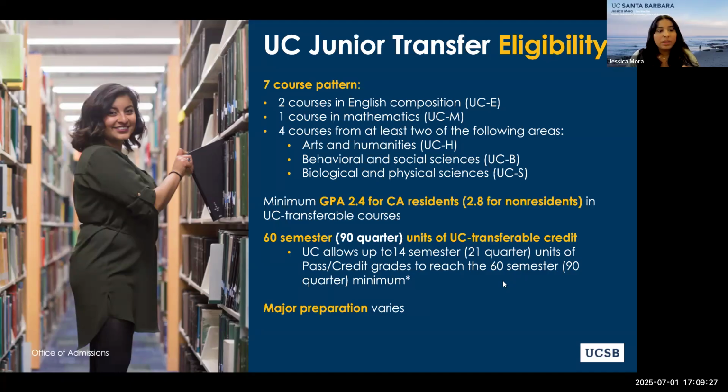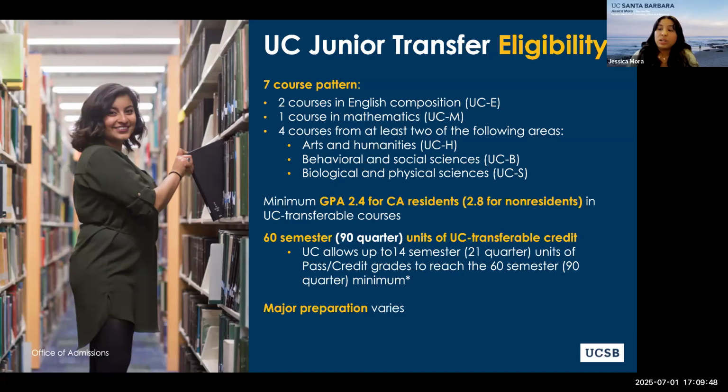And most of the UC campuses have what's called major preparation, or what that means is for a specific major that you're thinking of applying to, you might have some extra requirements. So for us, some of our selective majors include biological sciences, physics, economics, computer science, engineering.